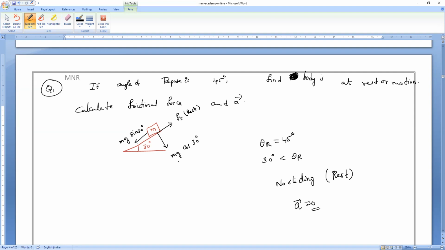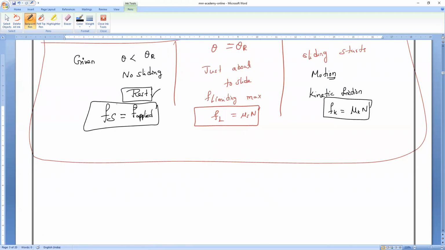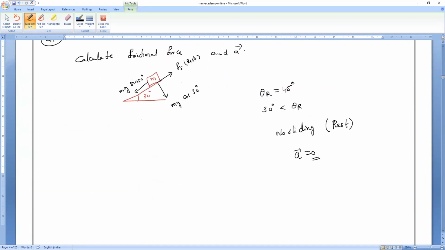Just now we have written here: if there is no sliding, the static friction is equal to the applied force.